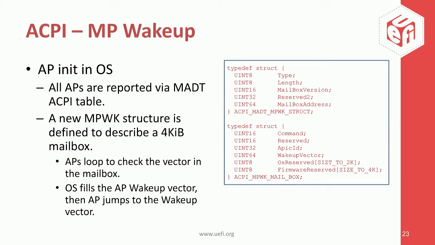At the same time, all APs loop to check the wake-up command in the mailbox. After the OS fills the AP wake-up vector and APIC ID, updates the wake-up command and sends the wake-up command, each AP will check the command and APIC ID, and jump to the AP wake-up vector if the ACPI APIC ID matches.